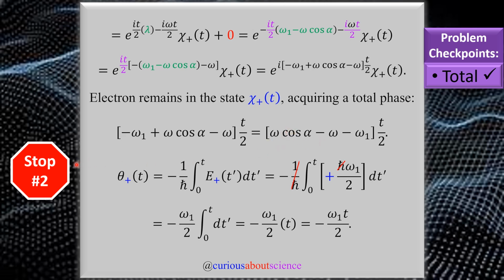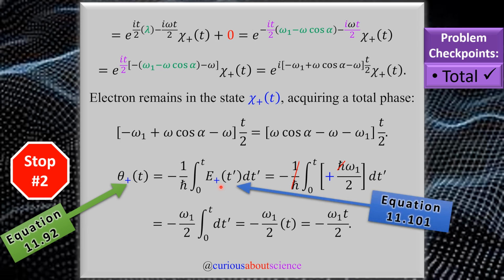And upon going to step 2, what we see is that from equation 11.101, we can calculate the dynamic phase thanks to equation 11.92. So this being the dynamic phase theta, okay, as t, that should give you a hint on our challenge. Knowing that we have energy, but again with an electron and it's orbiting, we know that the energy is going to take that from a h bar omega 1 over 2, okay, ground state harmonic oscillator going on.